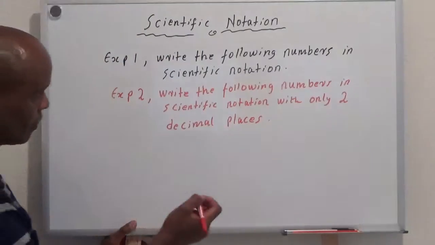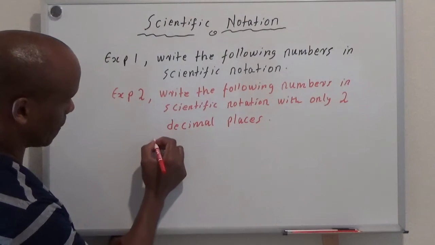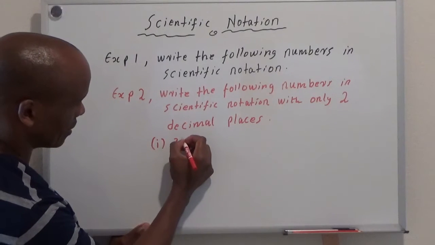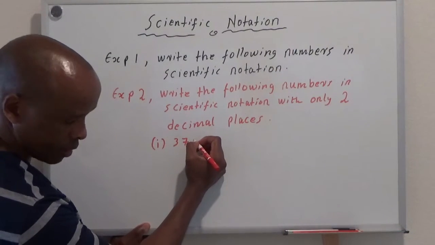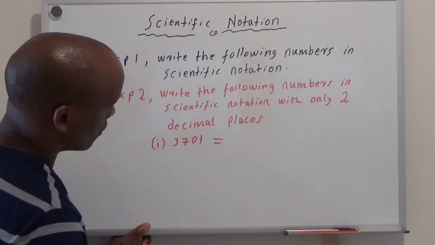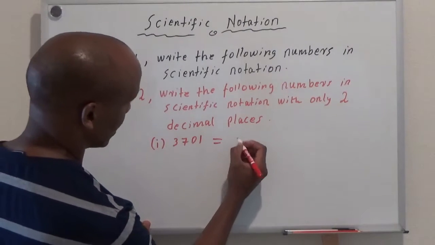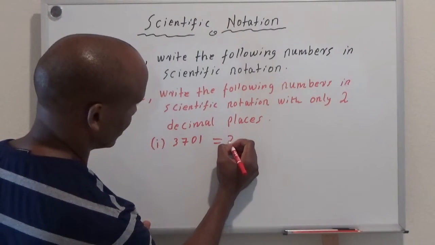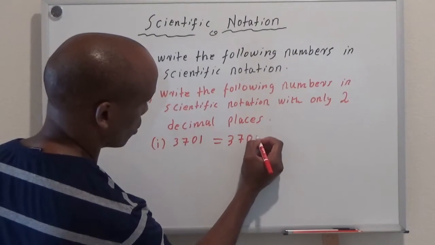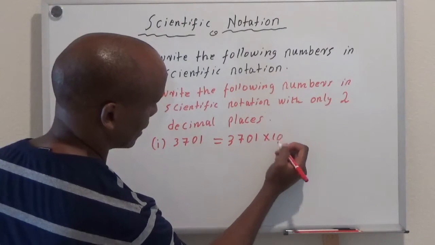Like, say, 3701. First of all, I have to write it in scientific notation, just the way I showed you: 3.701 times 10.